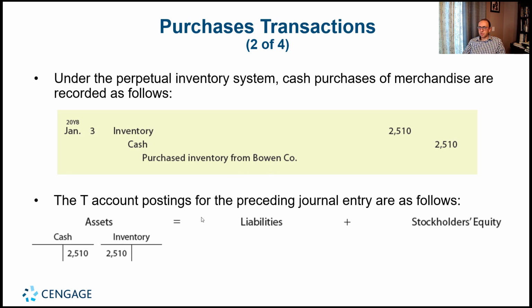So the T account posting for the preceding journal would look as follows. We are going to have two accounts on the asset side, nothing affecting the liabilities or the equity. Cash went down on the credit side, inventory went up on the debit side. And remember, when we are recording a journal entry, we always start with the debit and then record the credit.